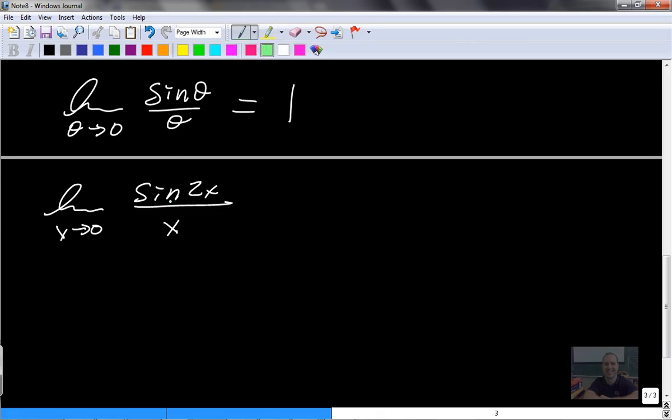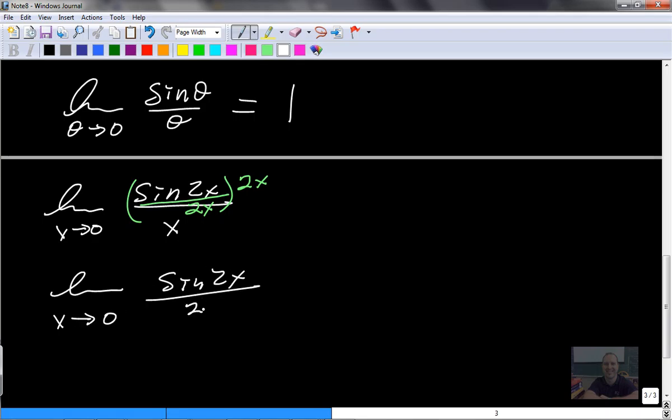What happens if we write that over 2x, as long as I multiply a 2x in the denominator? Let me rewrite that. If you make it look like this, sine of 2x over 2x, and then you have this 2x up here.